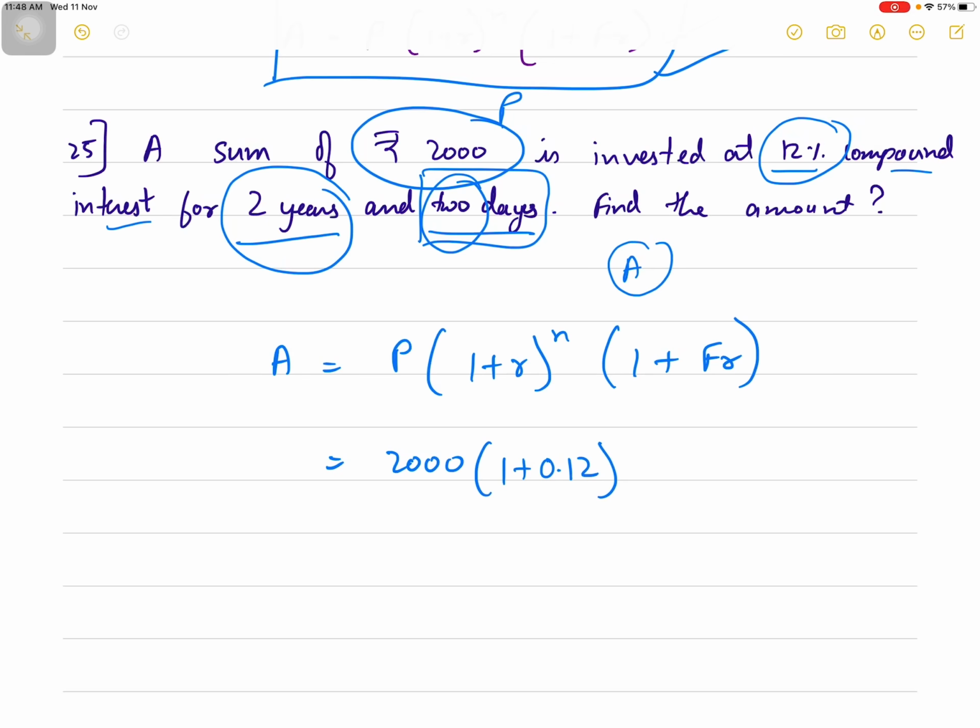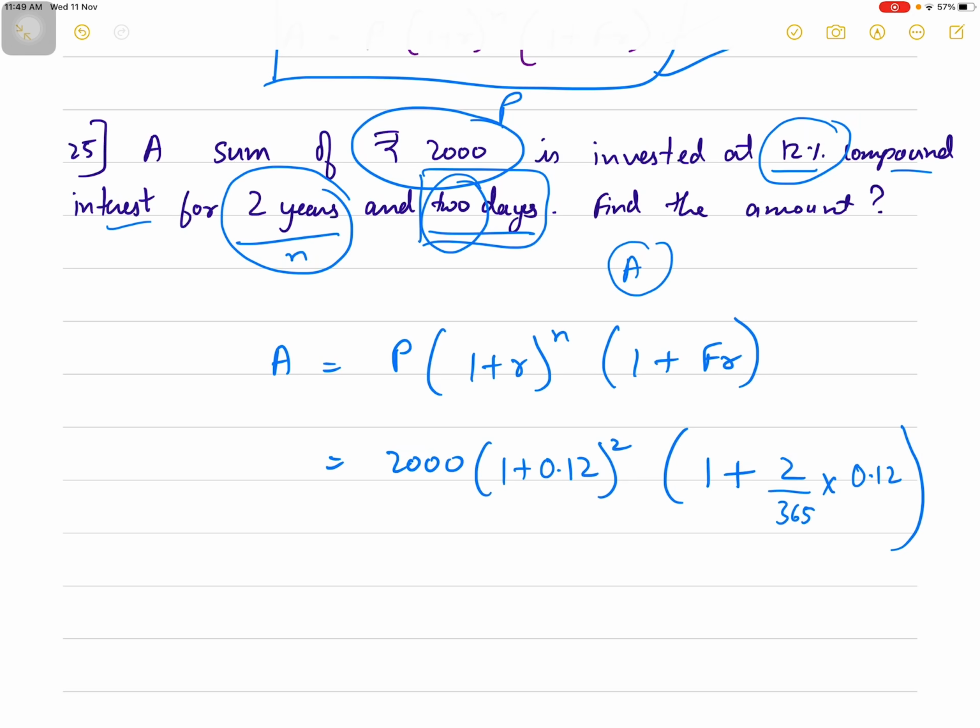So 2 years, here you will write 2 because 2 years is N. And 2 days, so 1 plus 2 days means, in a year there are 365 days, so 2 by 365 multiplied by R. Now R is 12%, so this multiplied by 0.12.